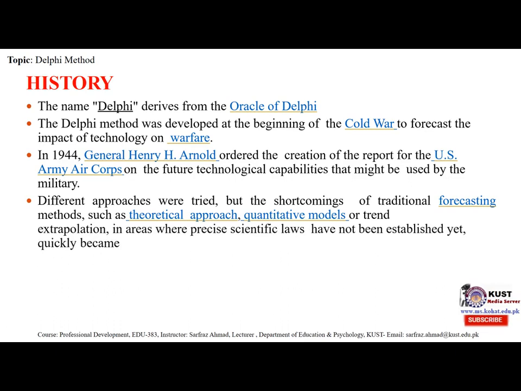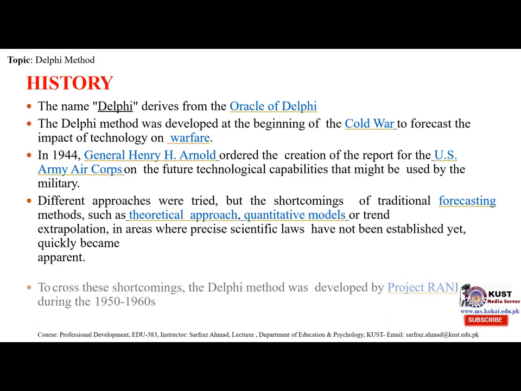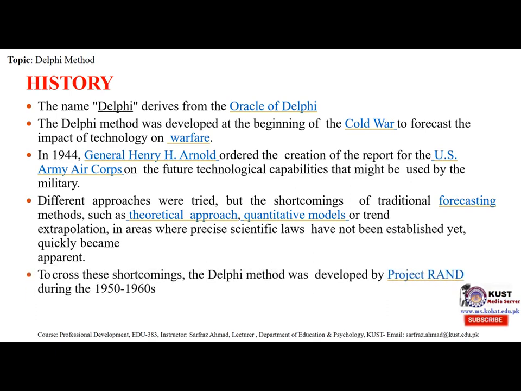Extrapolation in areas where precise scientific laws have not been established yet quickly became apparent. To overcome these shortcomings, the Delphi method was developed by Project RAND during the 1950s and 1960s. We can say that RAND developed the Delphi method in the 1950s, originally to forecast the impact of technology on warfare.